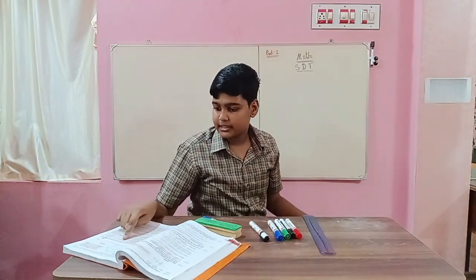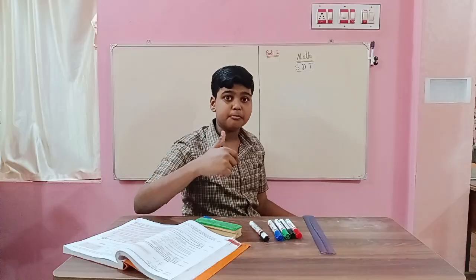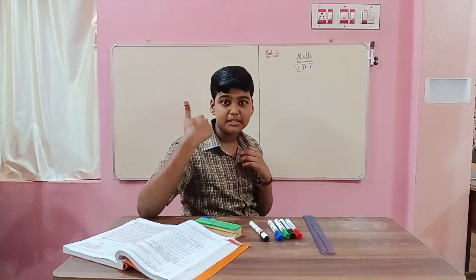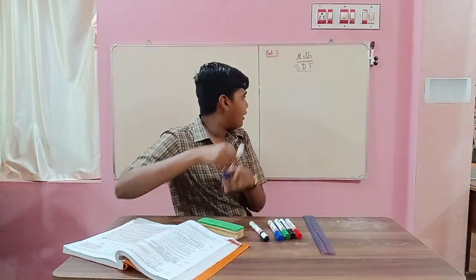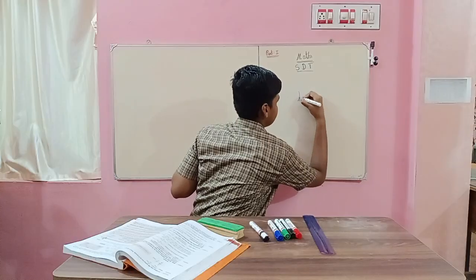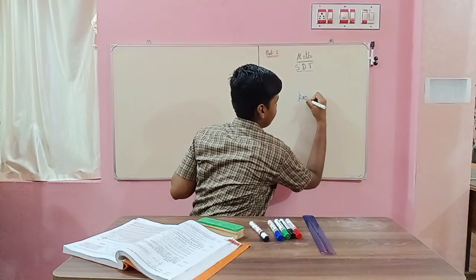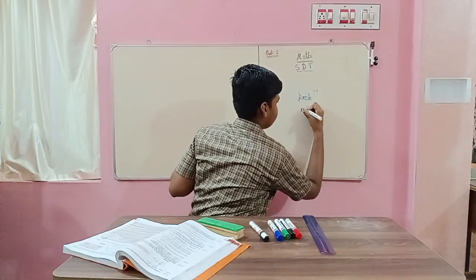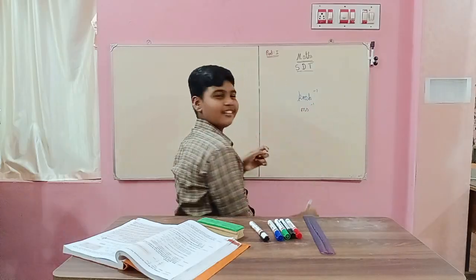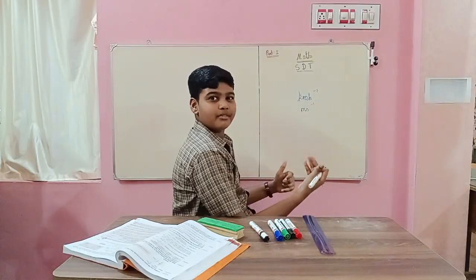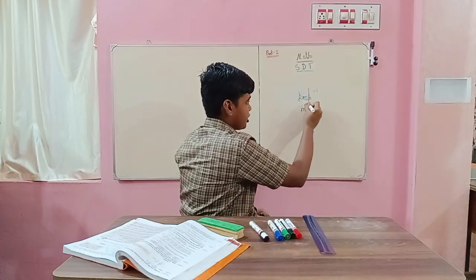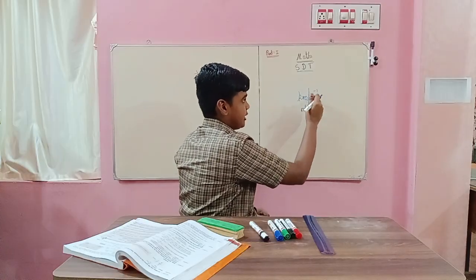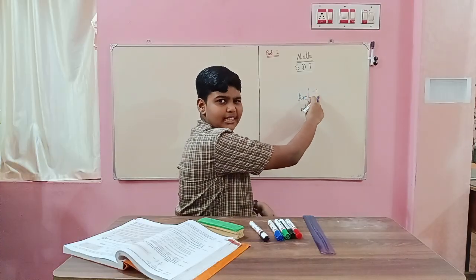So now we have some sums which we need to convert into ms minus 1. You may have seen symbols like this: km h minus 1, then ms minus 1. It's nothing. Instead of putting a fraction, they write it like this in simple form.